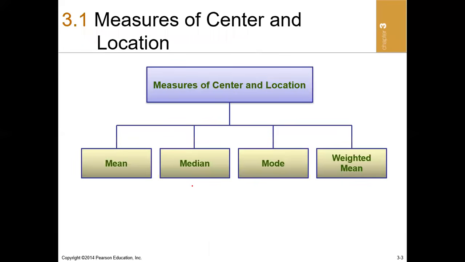Now, when we look at descriptive statistics, it is about two things. Because if you want to just describe data, we can describe data using two measures. Number one, we want to know the summary measures.